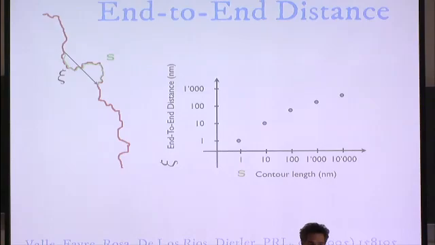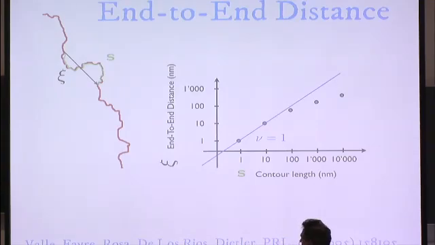We do it for many, many molecules, and then we get the end-to-end distance as a function of the contour length. As you can see, here on a double logarithmic scale, because there is a power law relationship between the end-to-end distance and the contour length, from the slope we can get the critical exponent.